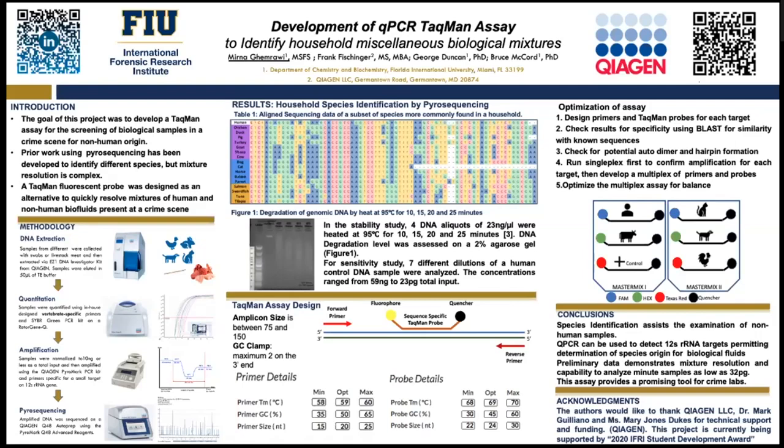However, it might be troublesome to deconvolute complicated mixtures, and that's why we decided to go with a quick qPCR TaqMan assay that amplifies targets of interest specific to our species. In this case, it's human, cow, cat, dog, and chicken, plus a positive control, as an alternative quick method to resolve mixtures of human and non-human biofluids found at a crime scene.